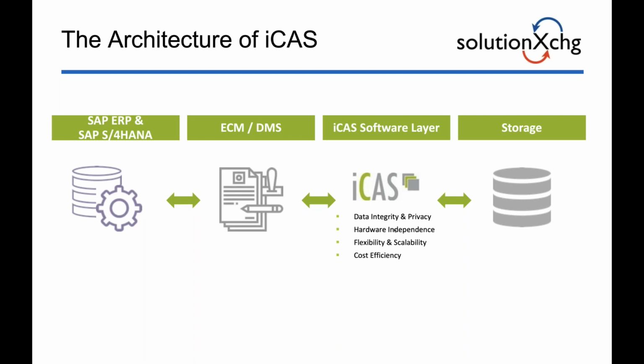So it gives you a lot of flexibility as a customer, a lot of scalability, and is a very cost-efficient solution for providing that regulatory compliance on your archive data for a long period of time.